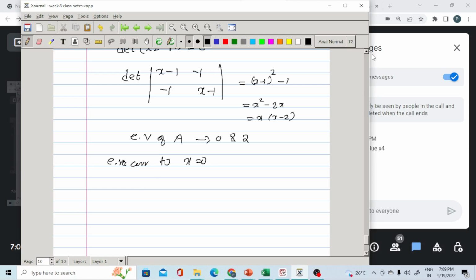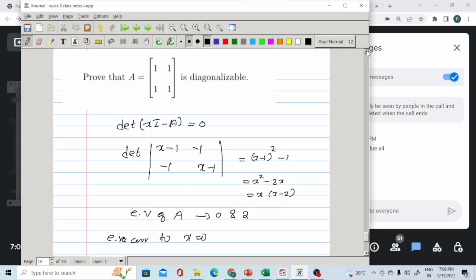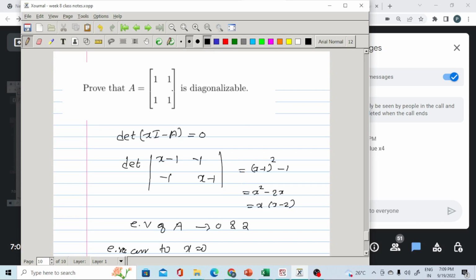Can we say when A has two different eigenvalues, then A is diagonalizable? Yeah, because A is a 2 by 2 matrix here. If A is a 3 by 3 matrix, we cannot say whether it is diagonalizable or not if A has two distinct eigenvalues. Here it is a 2 by 2 matrix.